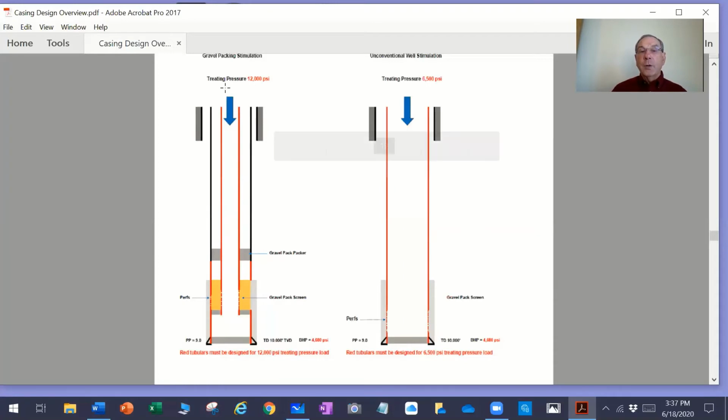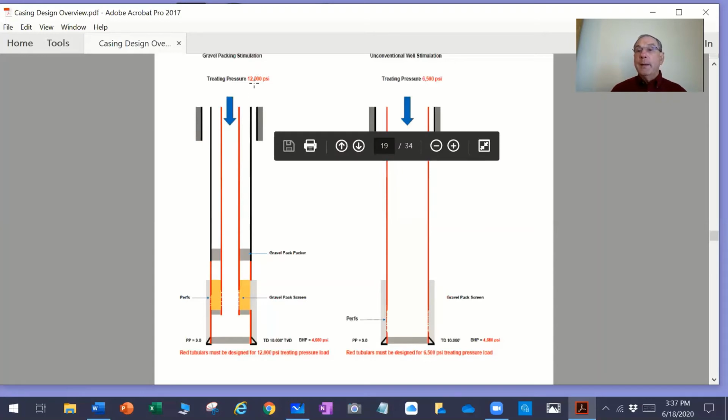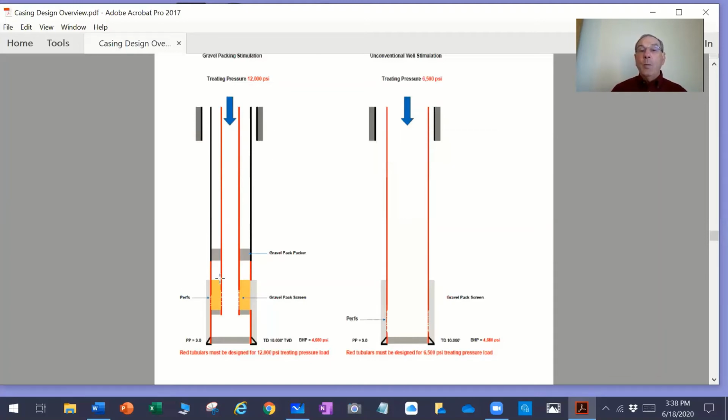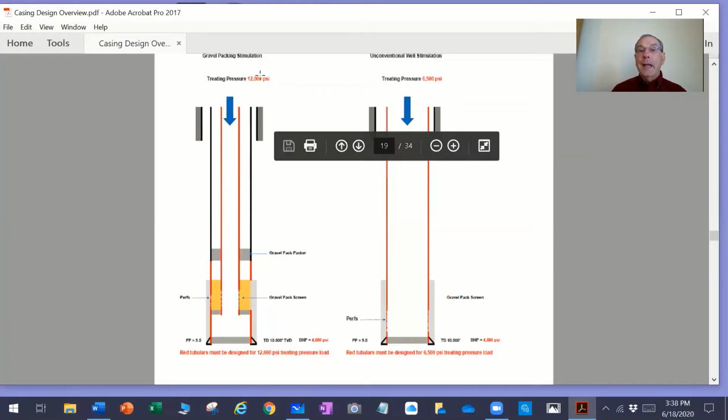It has a crossover tool, so this sand-laden fluid comes down the inside of this treating string, goes outside through the gravel pack packer, down through the outside. When screen out occurs, the pump rate goes from 11 barrels per minute to 0. So when screen out occurs, there's no more pumping into this formation. And when the treatment rate goes from 11 barrels per minute to 0, frictional pressure loss goes to 0.